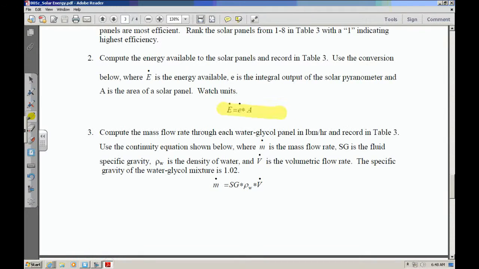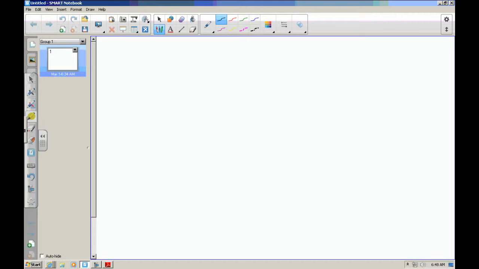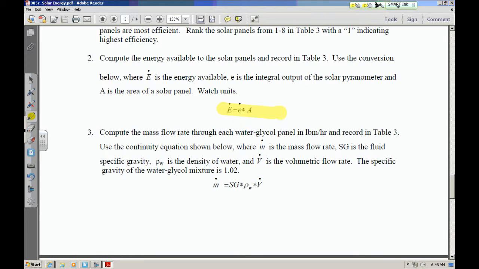So let's go right here. That equation is E dot equals little e dot times A. Alright, so we come back here, and it is telling us big E dot is the energy available.